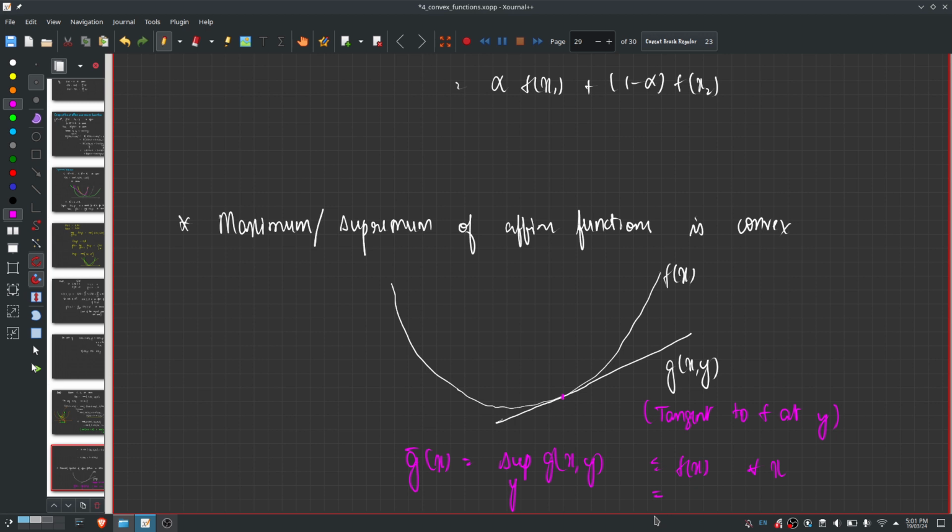So in fact, this inequality is an equality. The supremum over y of g of x comma y is going to give you f of x.